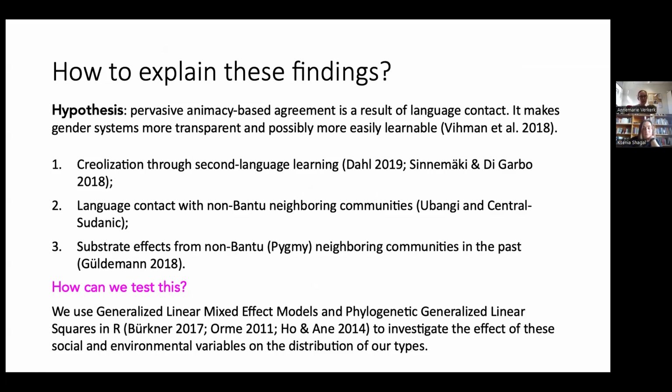So how do we explain this? Our hypothesis was that pervasive Annemarie-based agreement is a result of language contact, right? There is some work on this from an experimental perspective, actually. The idea being that gender systems are more transparent and more easily learnable if they're based on Annemarie, rather than these opaque types of syntactic agreements.